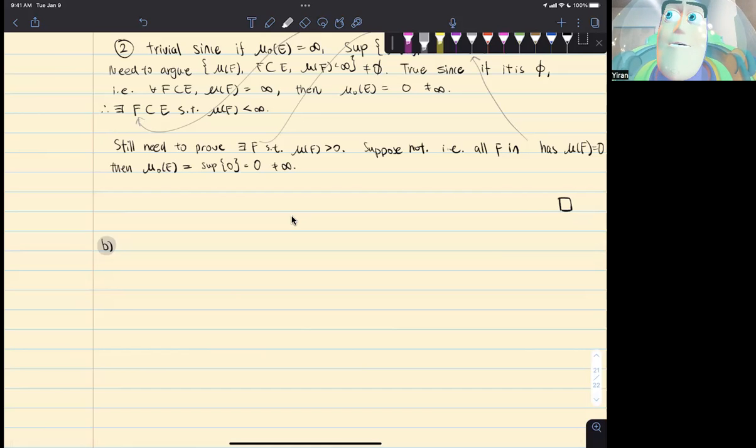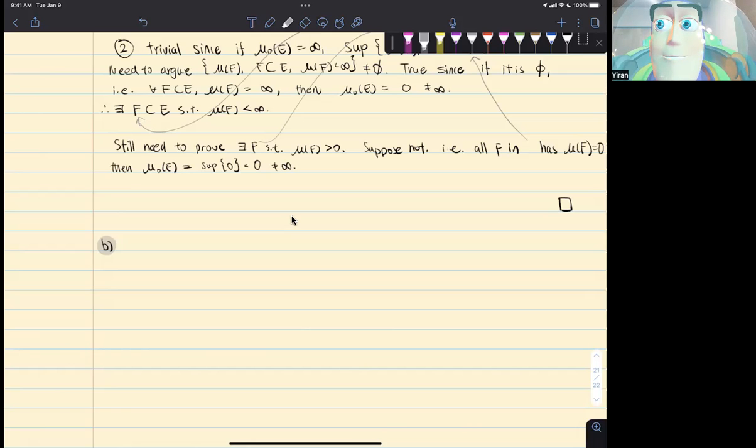And I know that mu of EJ is finite, but unless mu of EJ is strictly less than 1, I cannot guarantee that the summation from J equals 1 to infinity of mu of EJ is finite. Therefore, I cannot guarantee that mu of the union of EJ is finite. So it could be infinite.